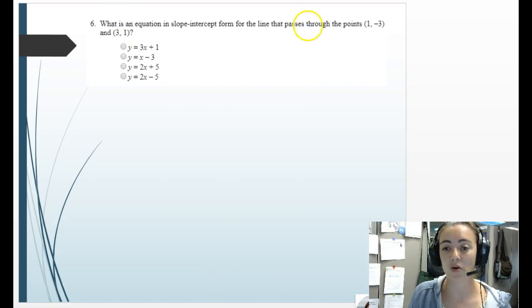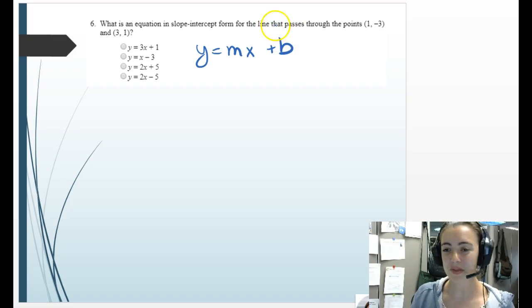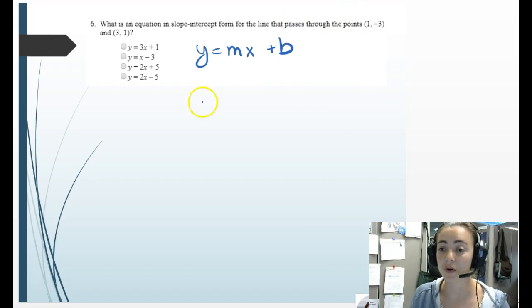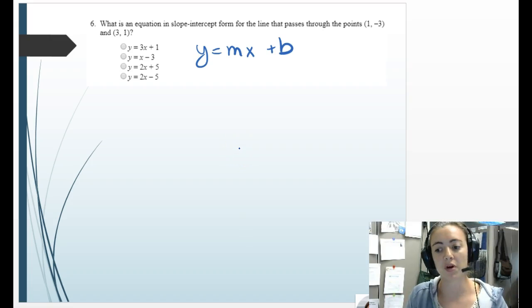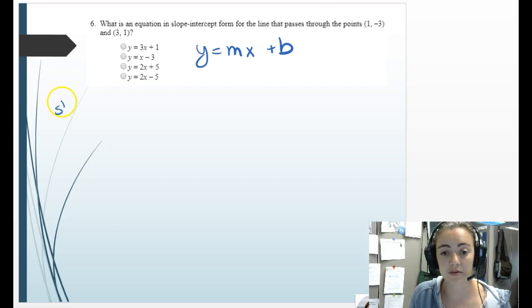So when you're writing an equation in slope-intercept form, remember slope-intercept form is y is equal to mx plus b. Slope, y-intercept. For a line that passes through these 2 points, we're not given immediately the slope or y-intercept. But like we did earlier in the quiz, we can find the slope when we're given 2 points. So let's do that first. To find the slope, it's the change in y divided by the change in x.